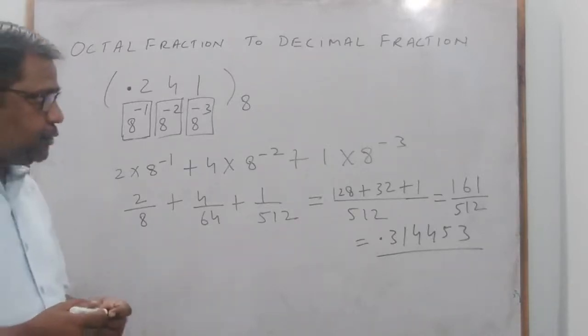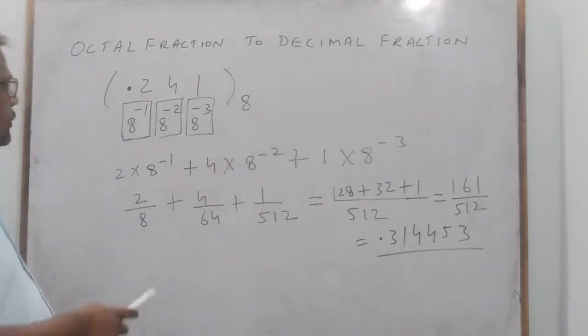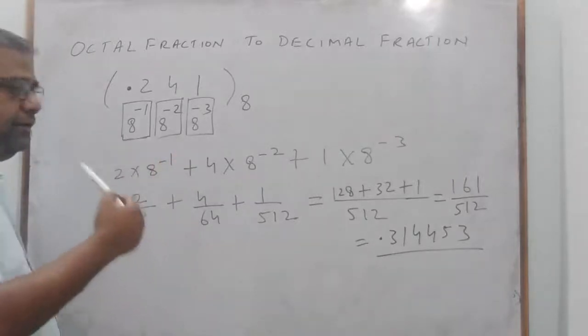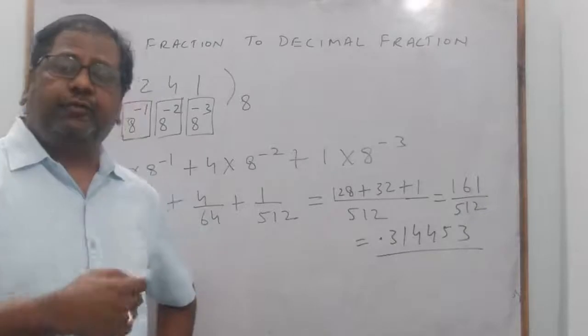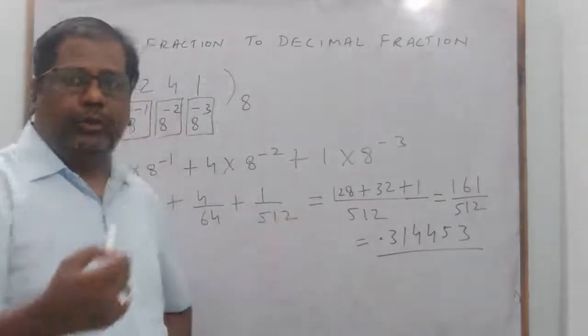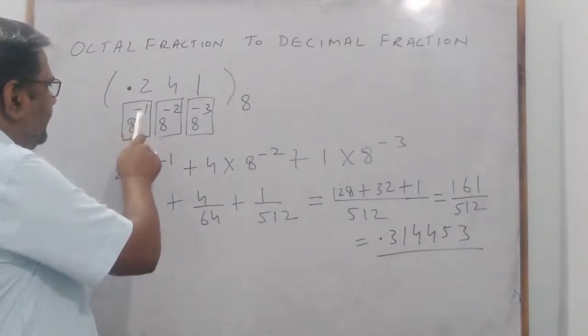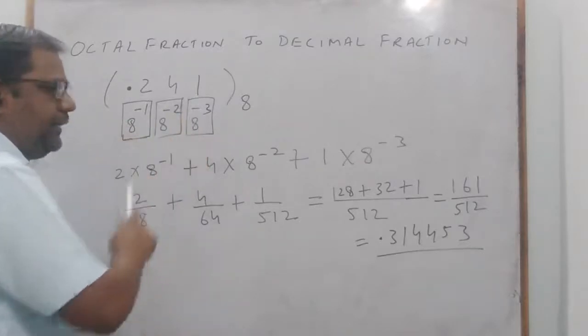Now you are supposed to convert it into a decimal fraction. The positions are again referred from left to right as -1, -2, -3, -4 and so on. So the first position 2 will be referred as -1, the second as -2 and the third as -3.